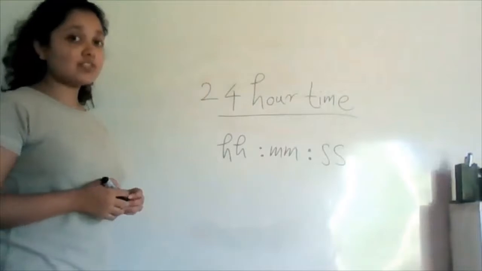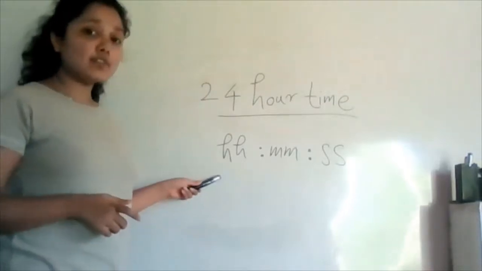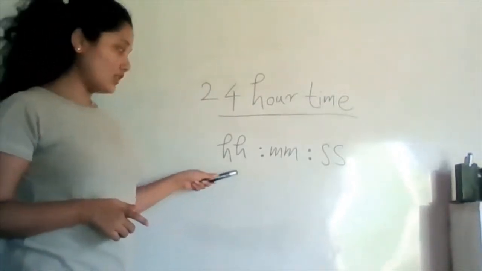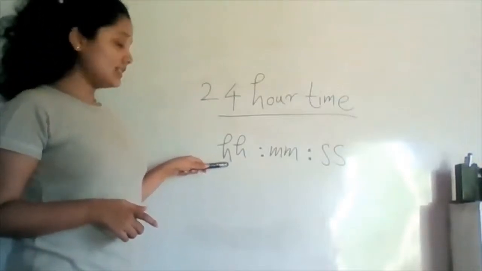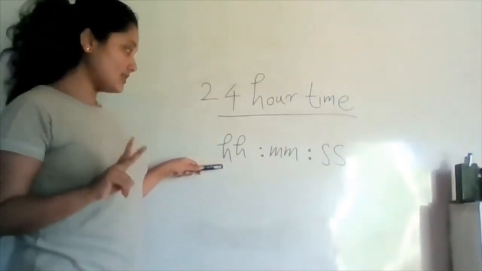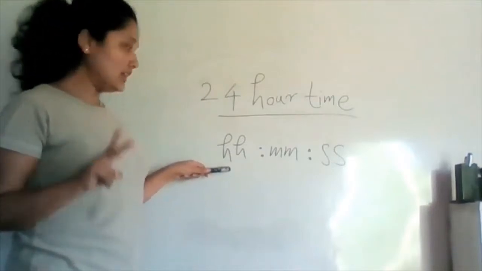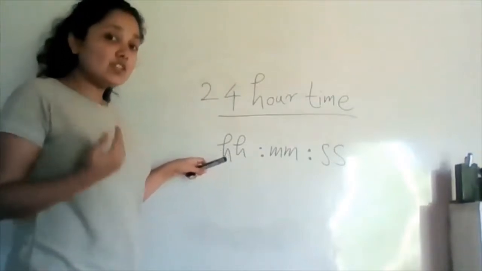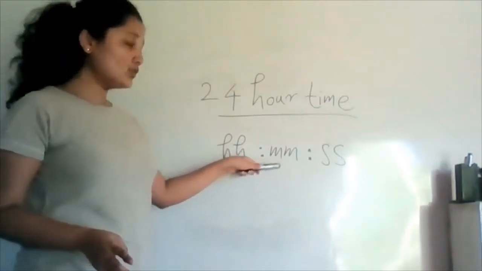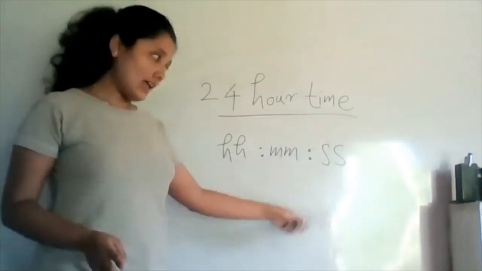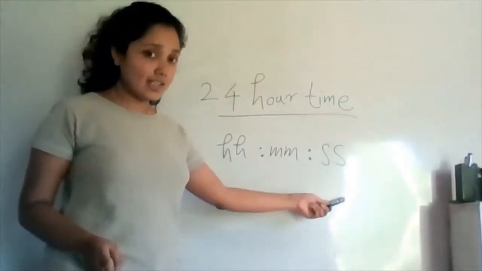And the next thing you need to remember is always you have to use 2 digits to denote hours. Here you can see I have written 2h, because always we need to use 2 digits to denote hours, and always 2 digits to denote minutes, and once again 2 digits to denote seconds.